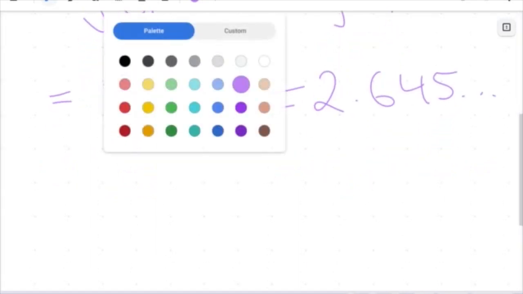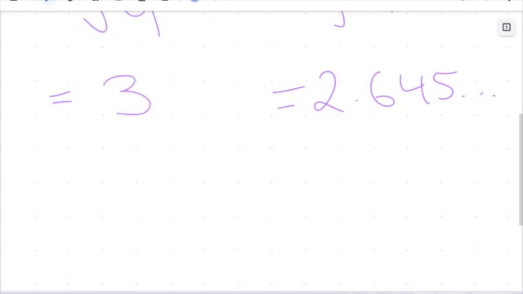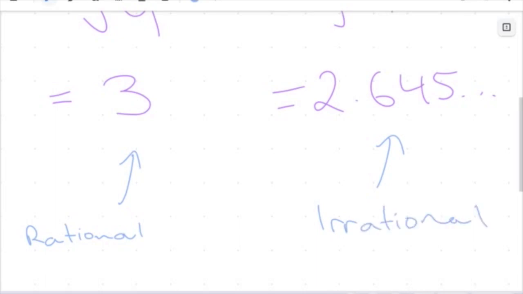Now, we actually have a name for these types of numbers. Well, the number we got here, 3, this is a really nice number. This is what we call a rational number. It behaves very well, as a rational person would, for example. An irrational number is one, which we've defined a while ago, but I'll redefine it.